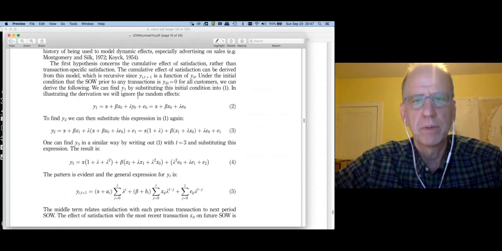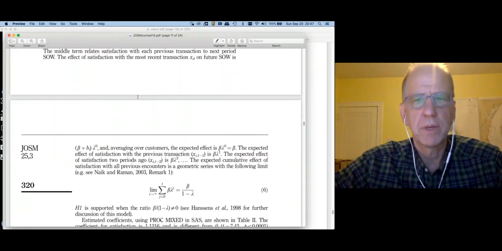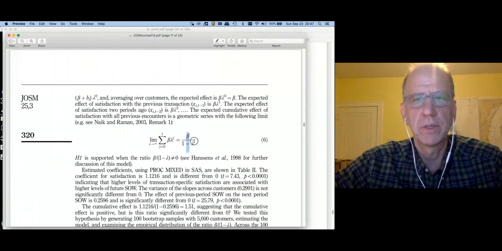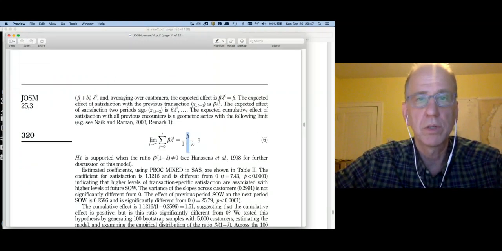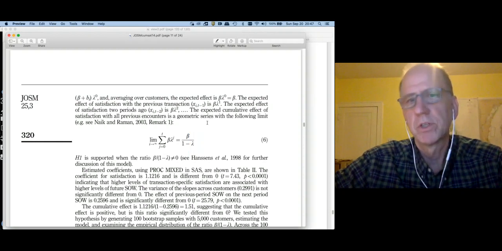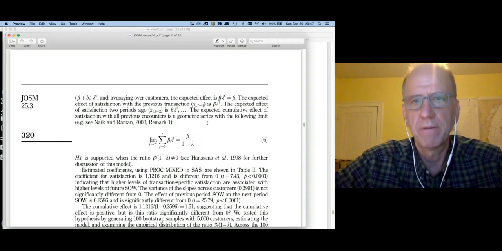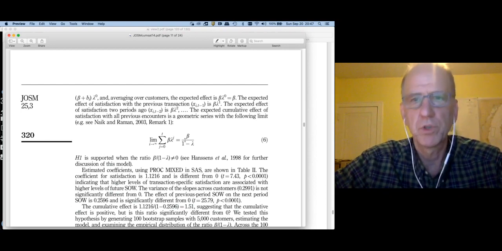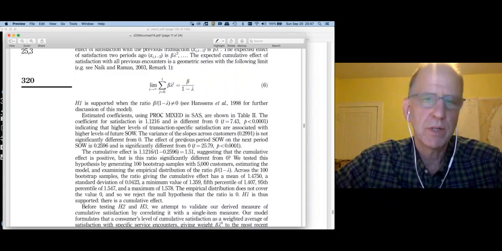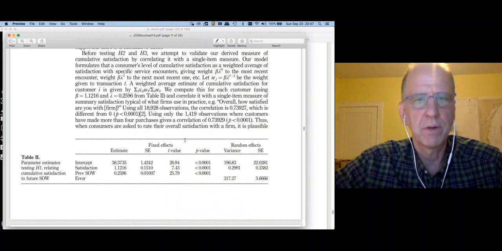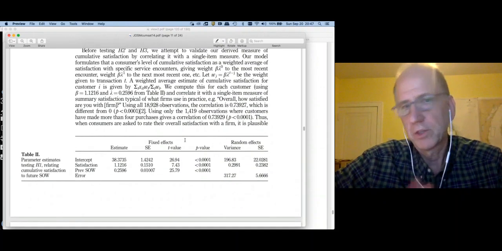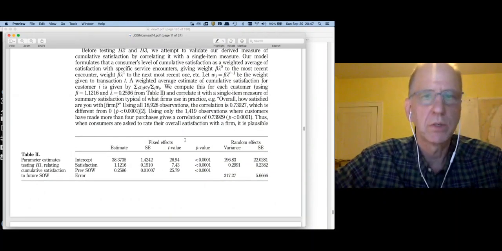We ended up estimating this, and what you end up with is exactly that long-term carryover effect, which is the carryover effect of my long-term satisfaction on future purchases. If you're interested in this, it's, I think, a very well-written article that shows a different use of these Koyck models.